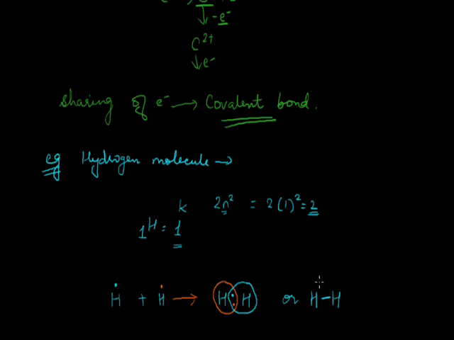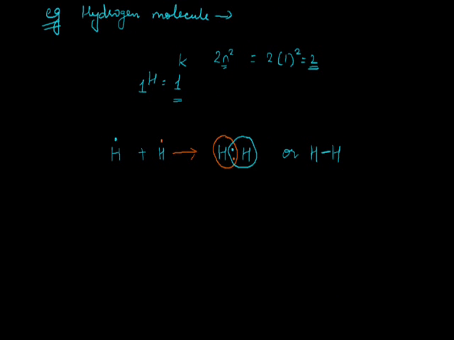Let's take another example. This time we'll take an example of the chlorine molecule, Cl2. Chlorine, its symbol is Cl, atomic number 17, its configuration is 2, 8, 7.